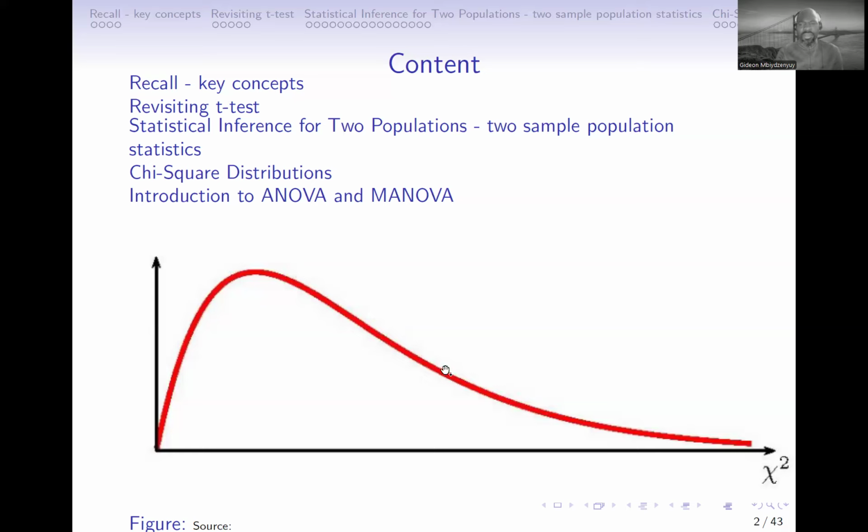We started talking about plotting a histogram, and then we talked a lot about the normal distribution, which was the bell shape. Then you also have other kinds of distributions, as we saw in the picture in the previous lecture. This graph here is what we refer to as a chi-square, which we will also see during the lecture.